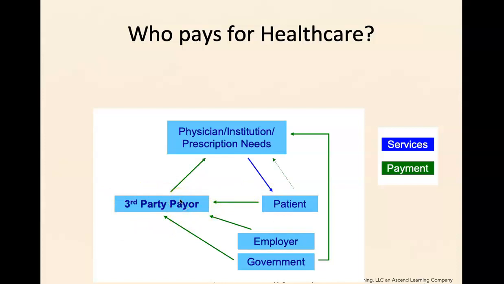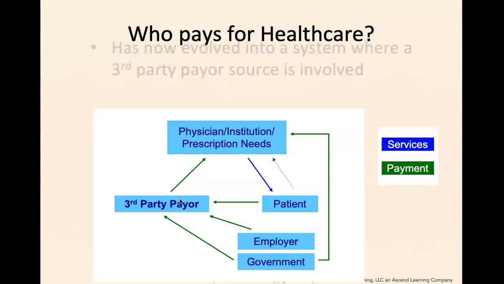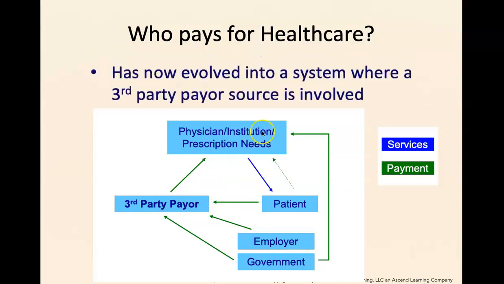All right, let's examine this slide. If you look at the green arrows, those are the payments, and the blue arrow is for services. So this is us, the first party, and then this is the provider of care, either a physician, an institution, a clinic, or a hospital that provides the care.